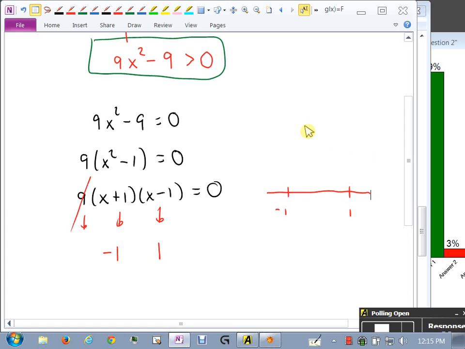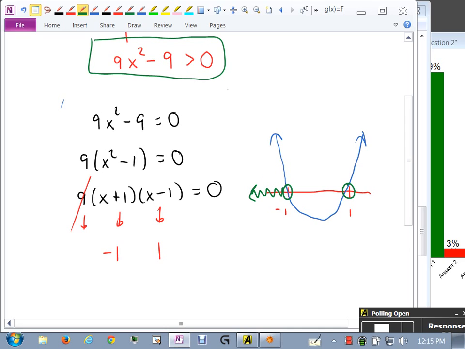I have a parabola that opens which way? Coming back up here, 9. Up. It goes up, because this is our parabola, this is the A. And we wanted to know where it was strictly greater than 0. That means above the x-axis. So that's going to be, don't include negative 1, but everything out here.